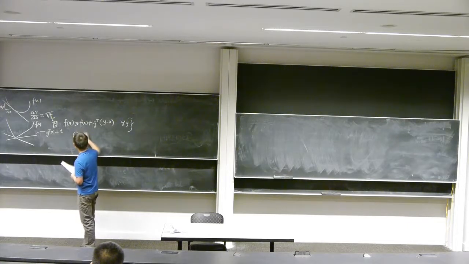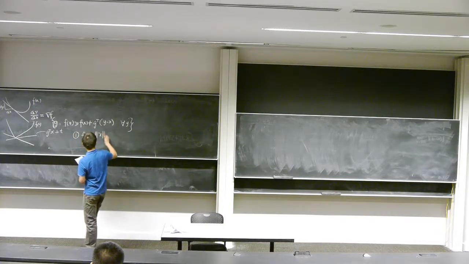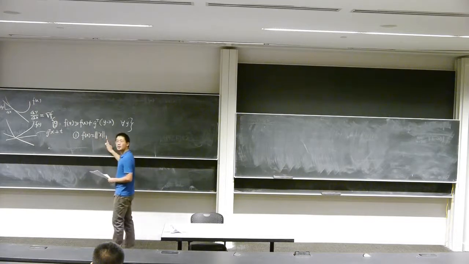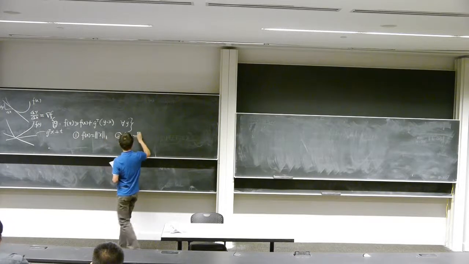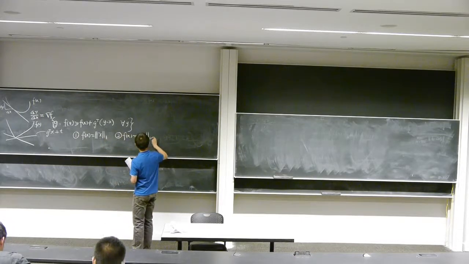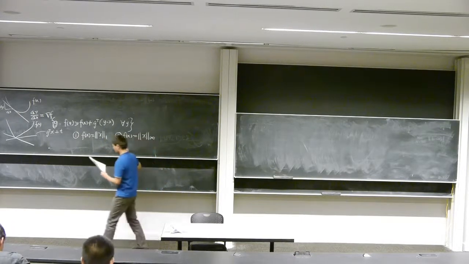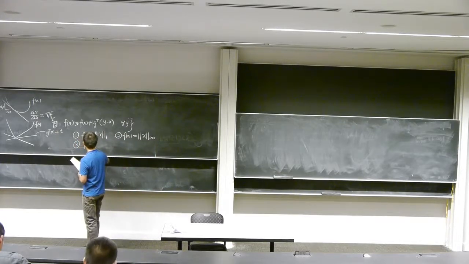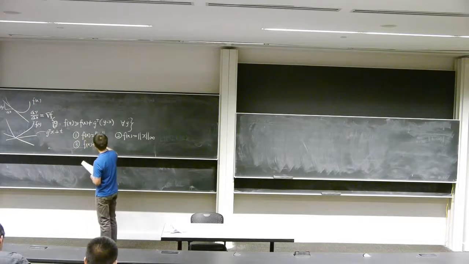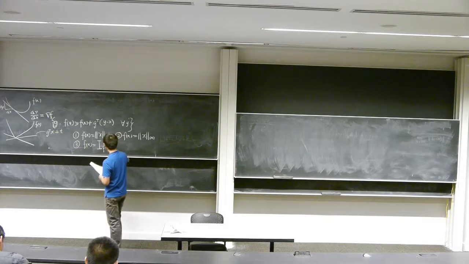One example is the one norm. Similarly, I have the infinity norm. And also, similar to the one norm, an indicator function of the set where the one norm is smaller than 1.